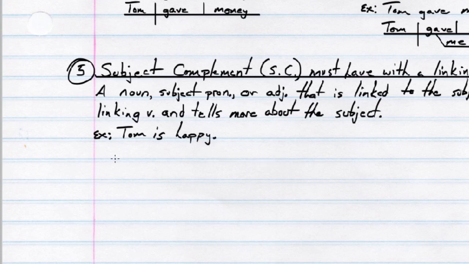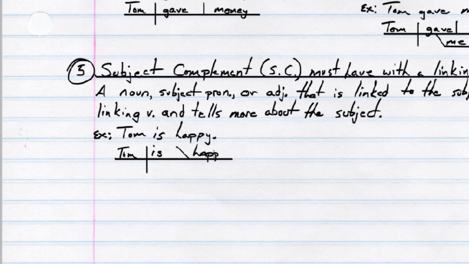Now the way we draw this out is also going to be different. I still have the subject predicate line. Tom is still the subject. My predicate is now is. And here's where it gets a little tricky. Instead of a vertical line that signifies an action verb, this slanted line, at about 70 degrees or so, signifies that this is a linking verb and that what follows over here is a subject complement.